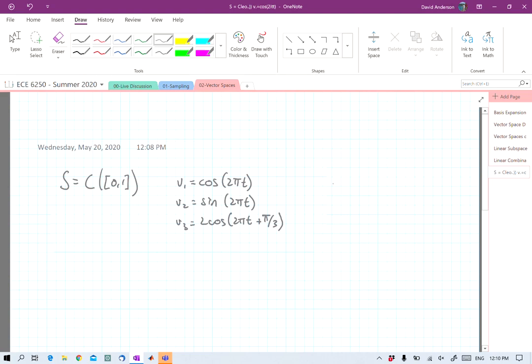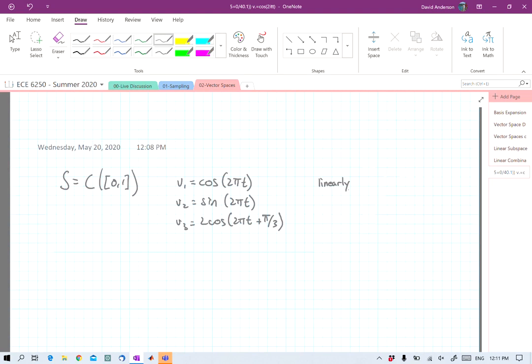But it turns out that yes, it can be done. And one way to intuitively view this is that they're all the same frequency, the frequency of 2 pi radians per second, or 1 hertz. And so what's different is the phase.